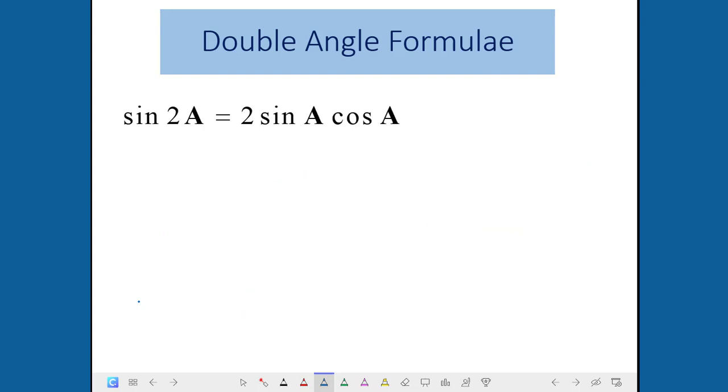Double angle formulas come from the compound angle formulas.